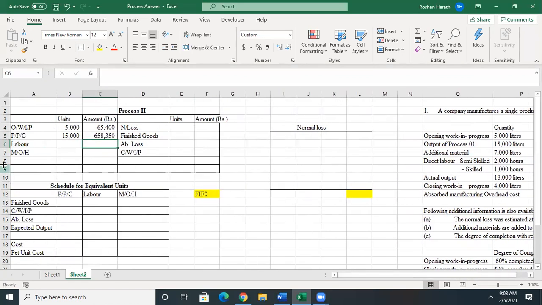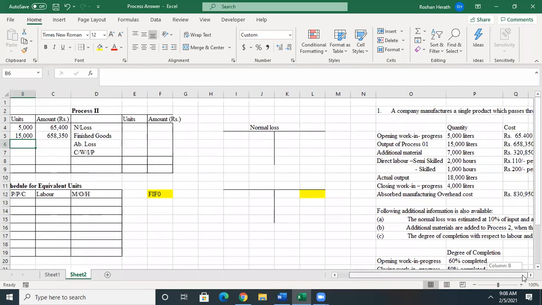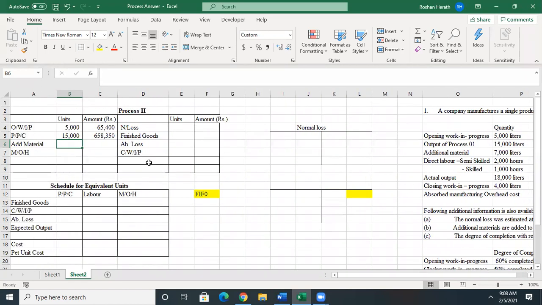Even the additional material being added in the process, it's 7,000 liters, 320,850, that is 7,000. Then the labor cost is there.